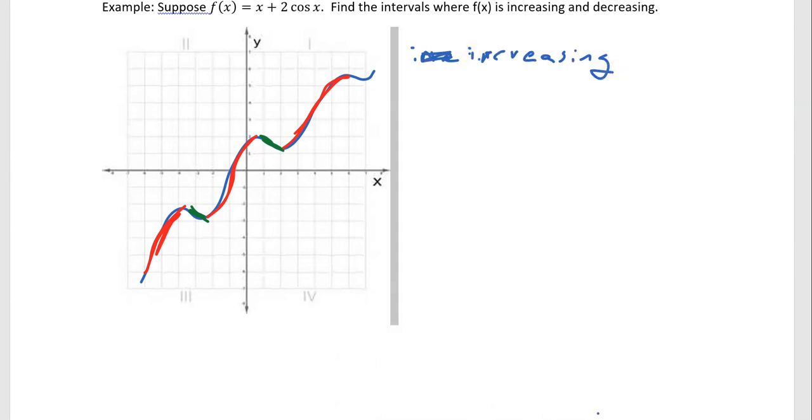So increasing. So the derivative, f prime of x, is 1 minus 2 sine of x. So we want to know when is this thing greater than 0.